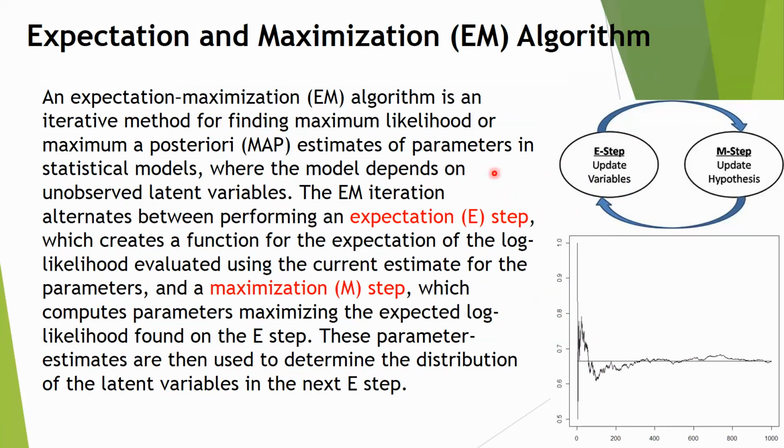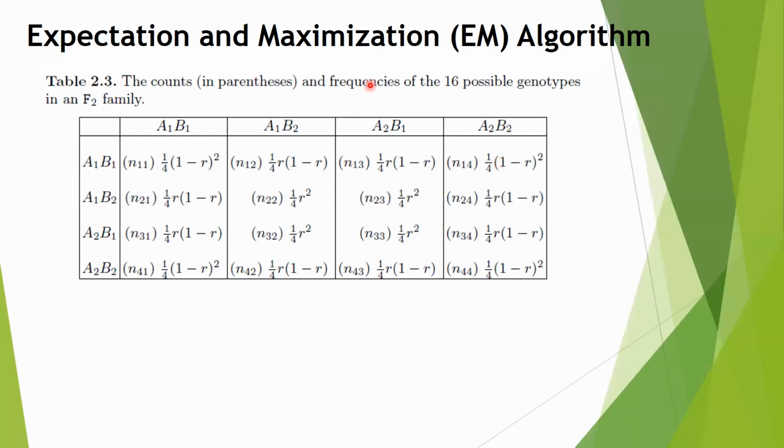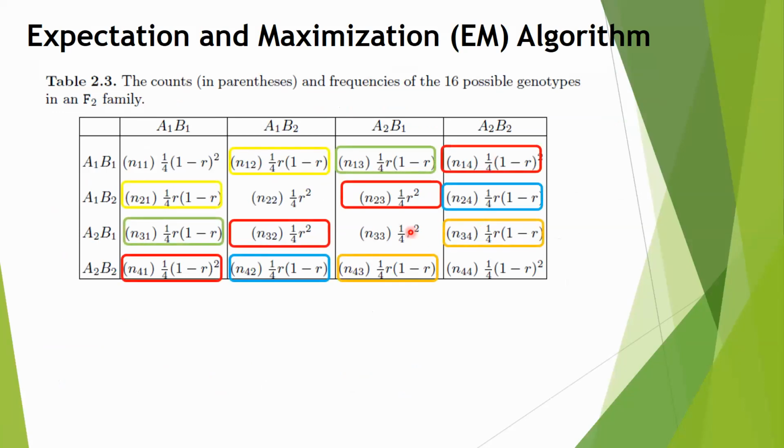Okay. All right, so let's take a look at this example. This is the original 16 categories. The 4x4 table is the 16, but in reality we only observed 9 categories.